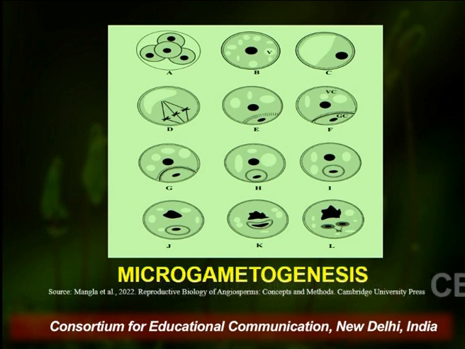This nucleus will now undergo a mitotic division. The spindle which is formed is asymmetric, with a broad side towards the periphery of this pollen grain.